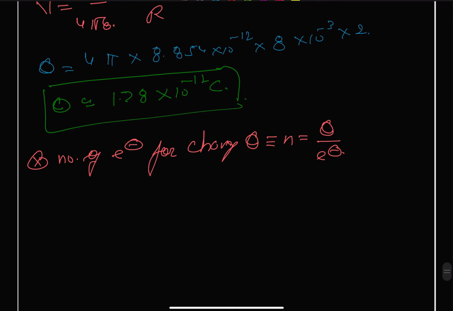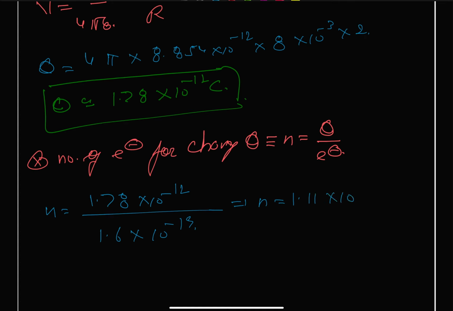So we get the value of N is equal to 1.78 into 10 to the power minus 12, charge on one electron is 1.6 into 10 to the power minus 19. So from here we get the value of N is 1.11 into 10 to the power 7 electrons.